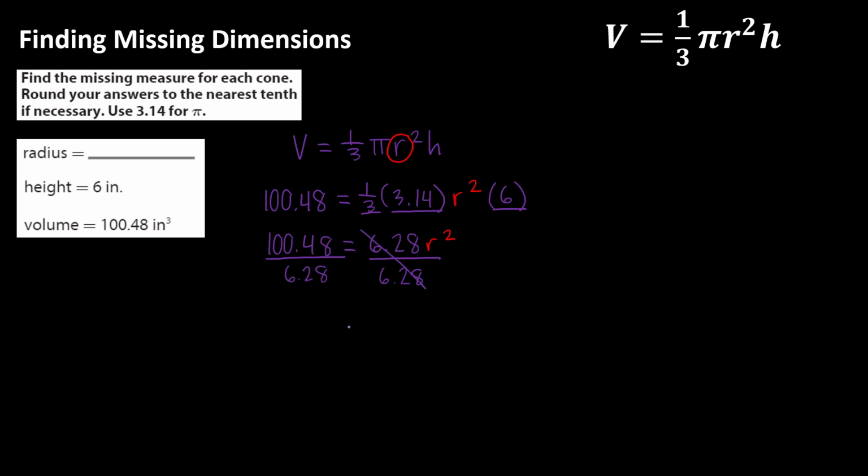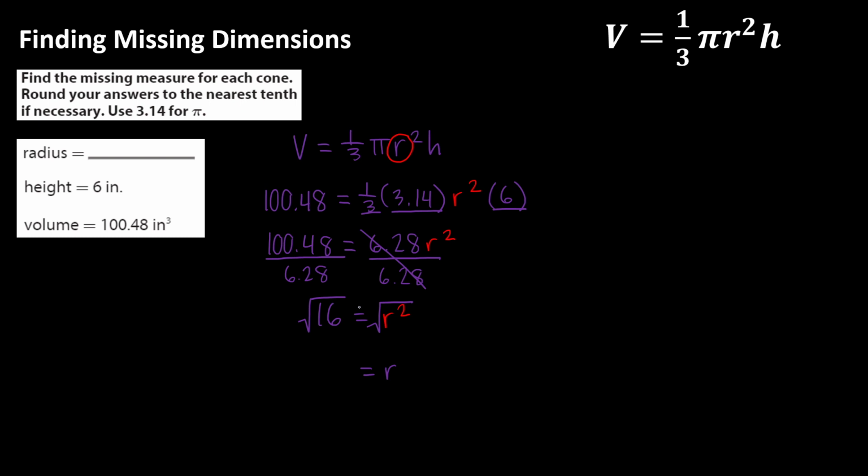And this cancels out. So we're left with r squared is equal to 16. And so now we need to take the square root of both sides. When you take the square root of r squared, you just get r.